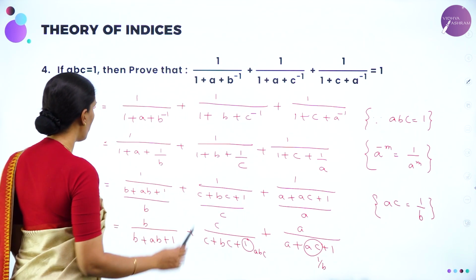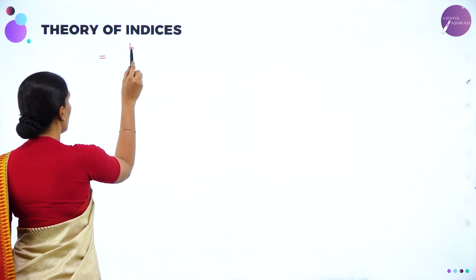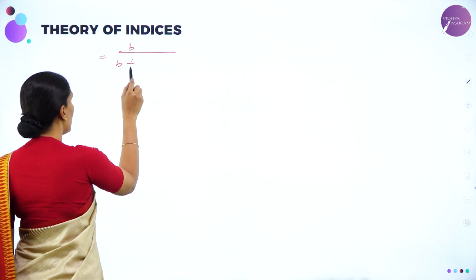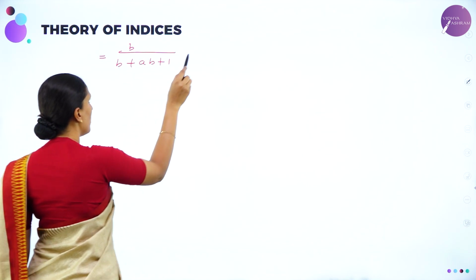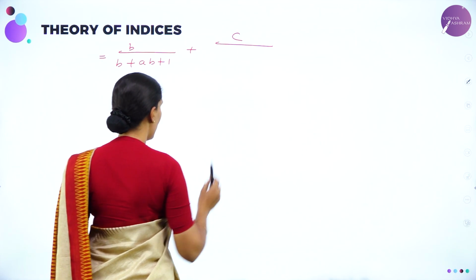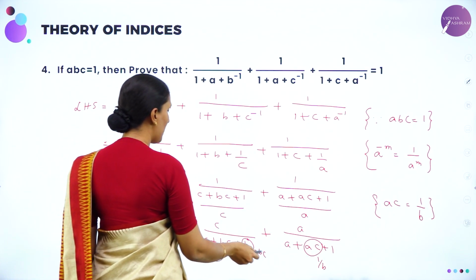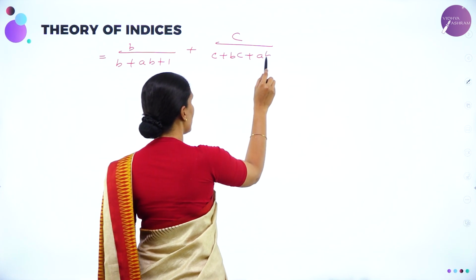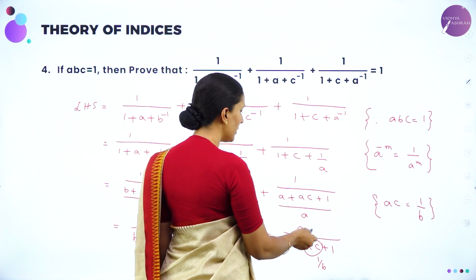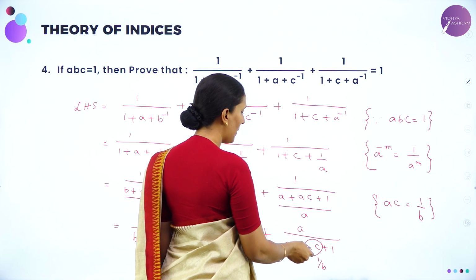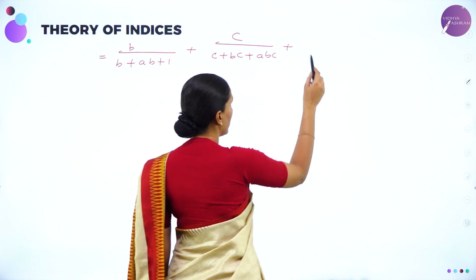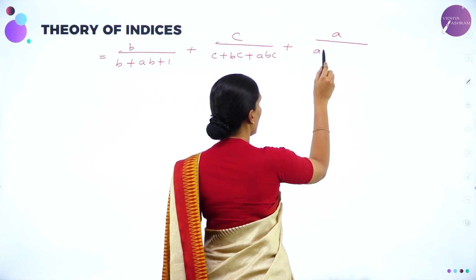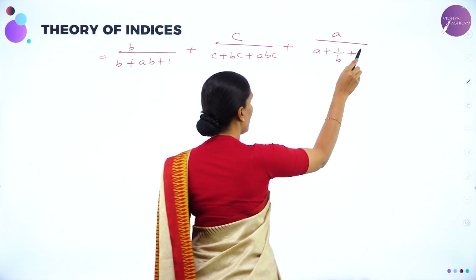So after substituting this, we'll get the value b divided by b plus ab plus 1, plus c divided by c plus bc plus abc, plus, in this term, a divided by a plus 1 by b plus 1. So a divided by a plus 1 by b plus 1.